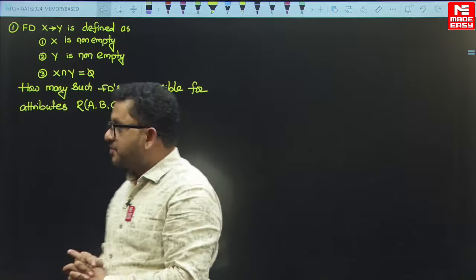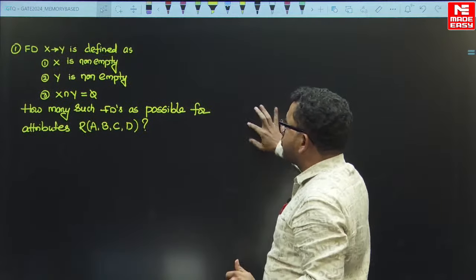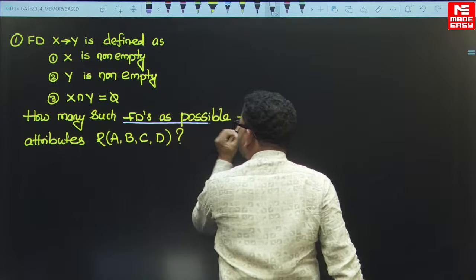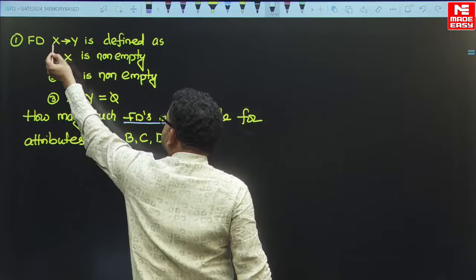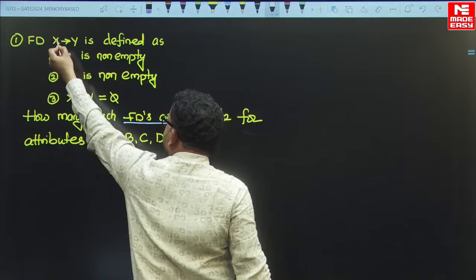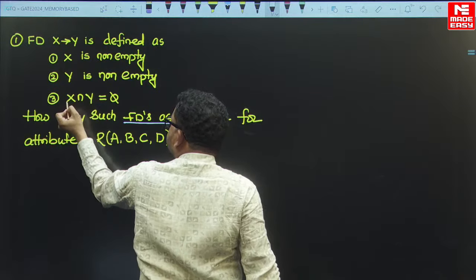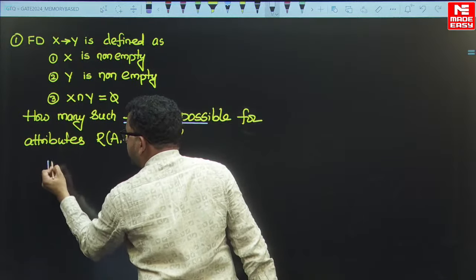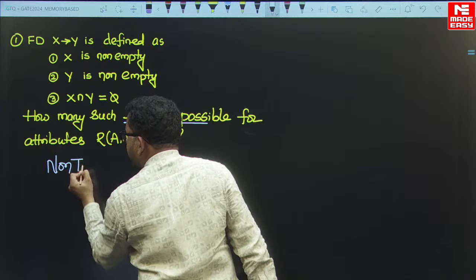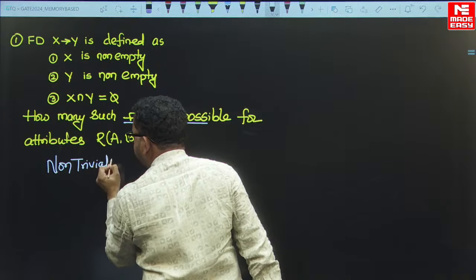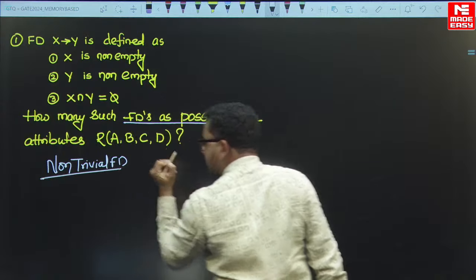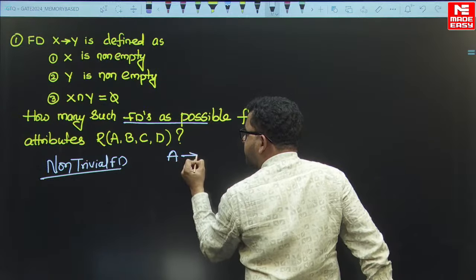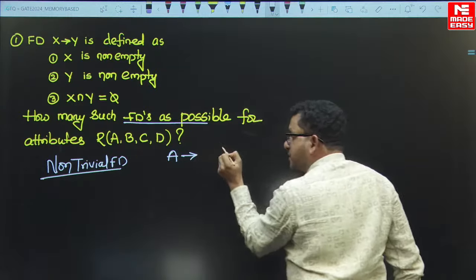Right. One of the DBMS questions: we need to find the functional dependencies such that X is not empty, Y is not empty, and X intersection Y should be phi, meaning completely non-trivial FDs, over the attributes A, B, C, D. Non-trivial FD means if attribute A is on the determinant side, some other non-empty attribute set should be on the right side.